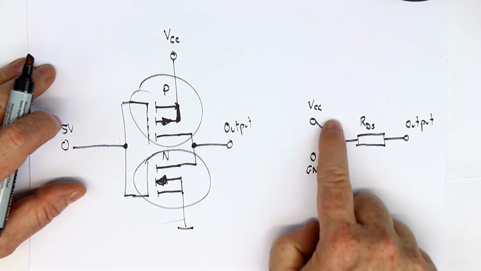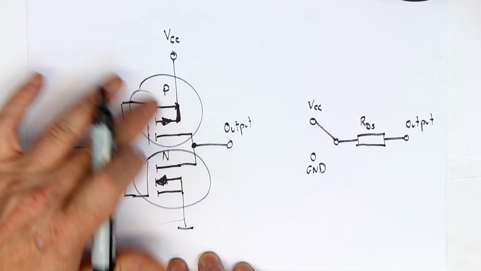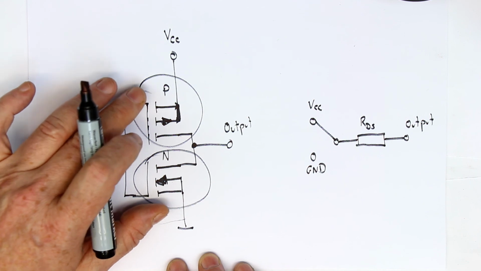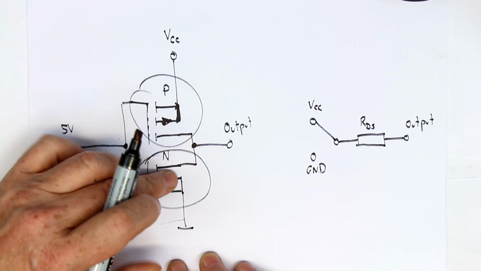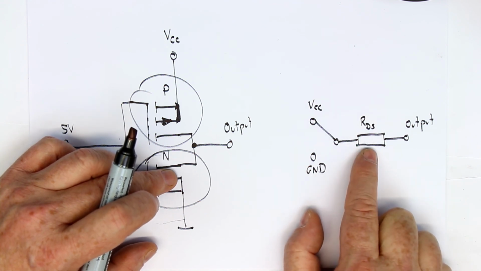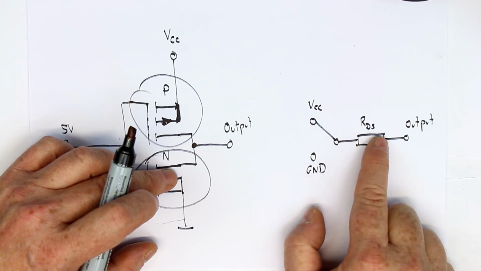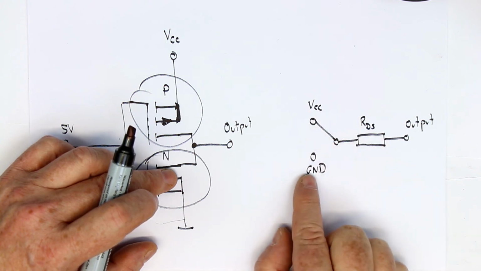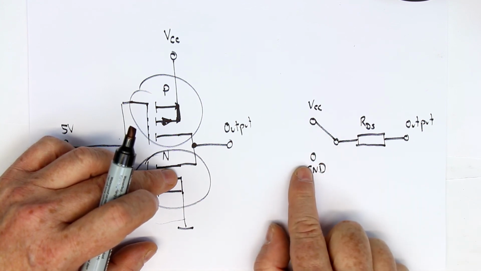We don't need to know more about this, because we're not interested in the other parasitic elements of our CMOS output stage. It's absolutely sufficient to know that the output is simply switched via the drain source on resistance between VCC and ground, depending on whether it's a logic 1 or a logic 0.